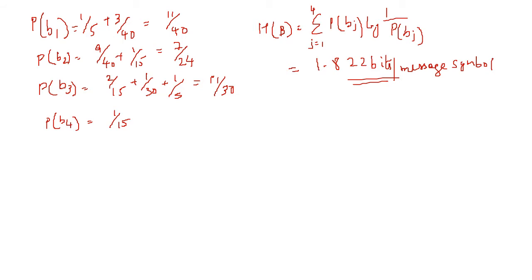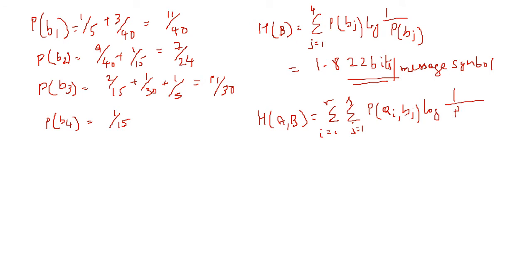Now to find H of A comma B, we know the relationship. It is nothing but double summation i varying from 1 to r, j varying from 1 to s, P of ai comma bj into log of 1 by P of ai comma bj. That is, we are going to substitute all the probability values here. That is 1 by 5 into log 1 by 5, 3 by 40.